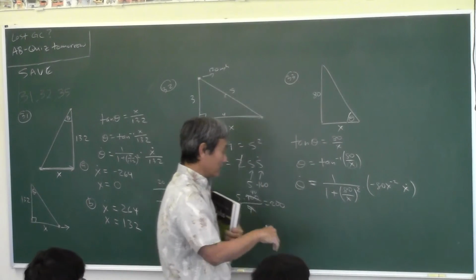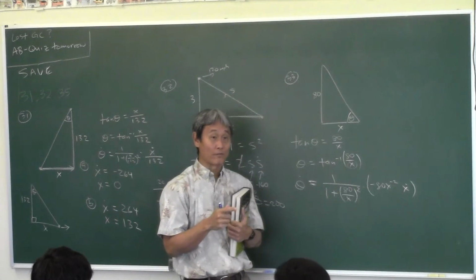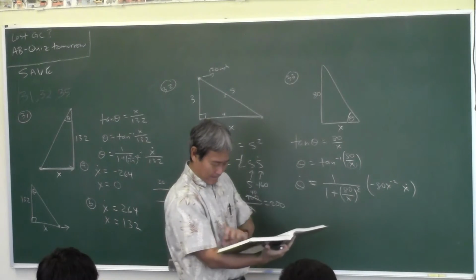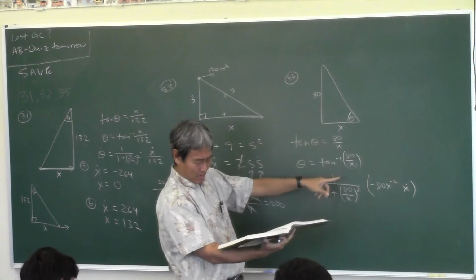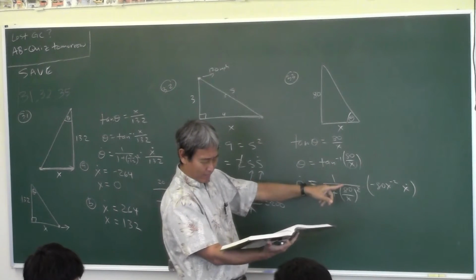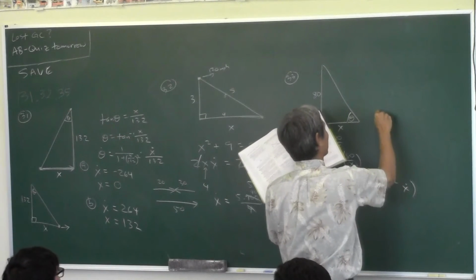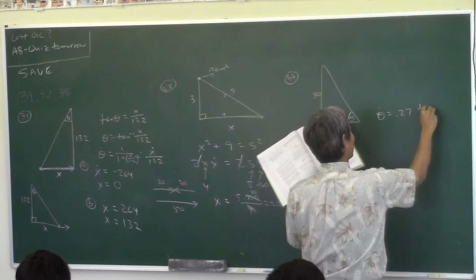Okay, we'll do it then. And then I will let you plug in numbers, but I just want you to beware that in this problem you have to convert, because they tell you the angle the sun makes with the ground is increasing at the rate of 0.27, so theta dot is equal to 0.27 degrees per minute.